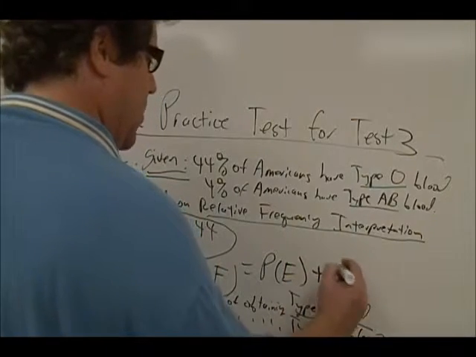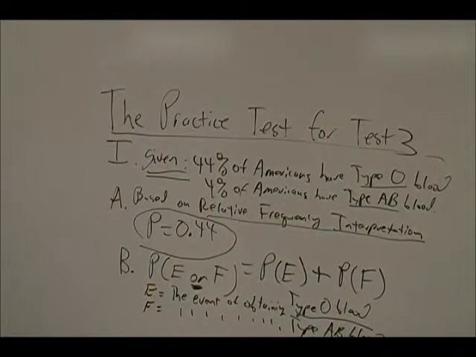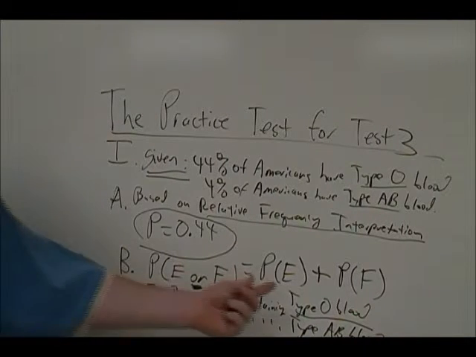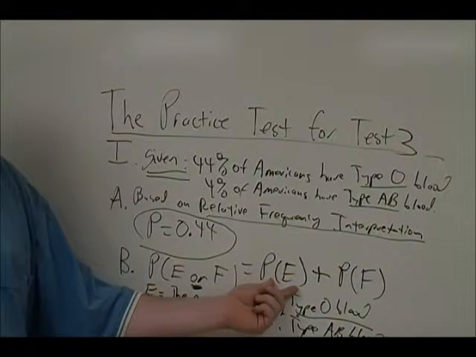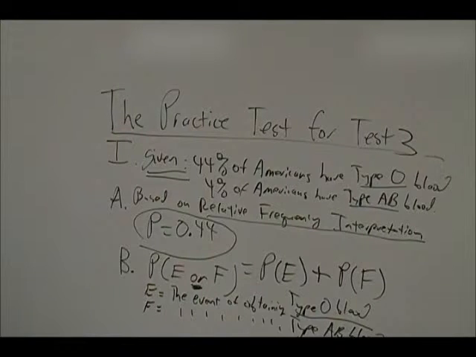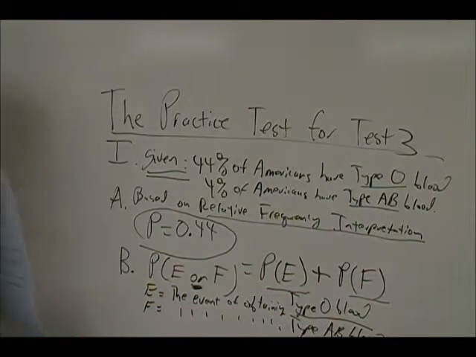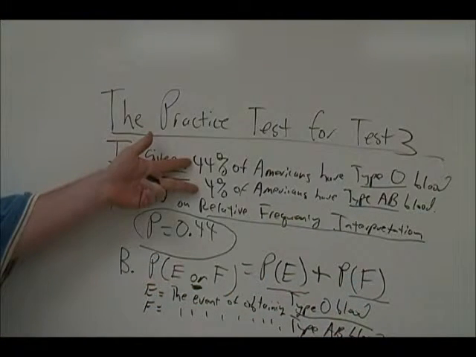And what that says is the probability that E or F occurs is the probability of E occurring plus the probability of F occurring. The probability of E occurring is the probability that a randomly selected American has type O blood. The probability of F occurring is the probability that a randomly selected American has type AB blood. We can find both of these probabilities from the given relative frequency information.